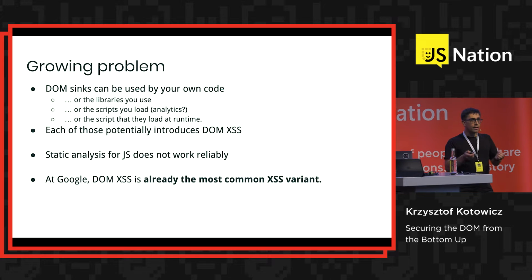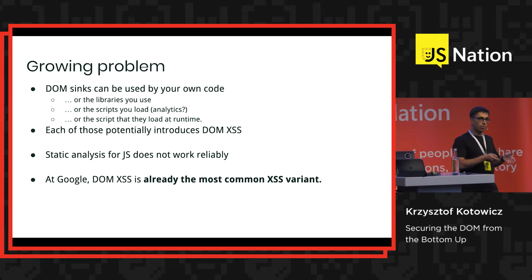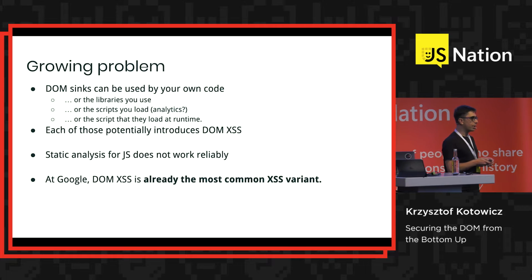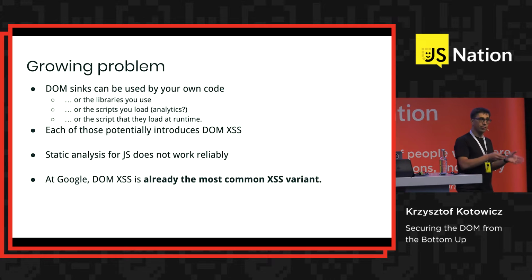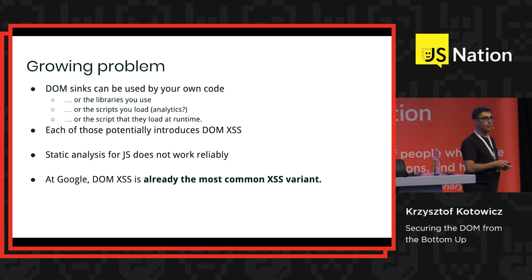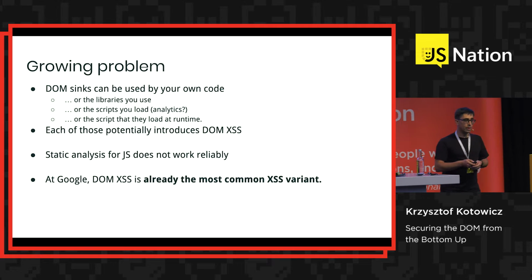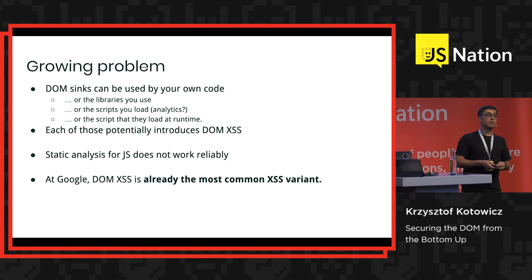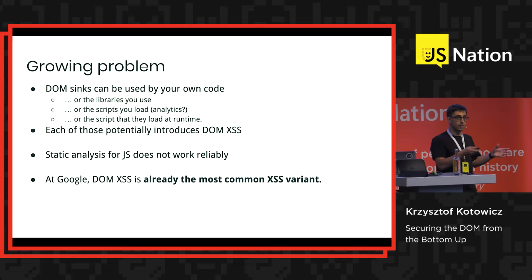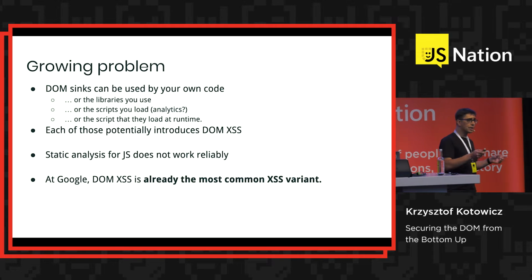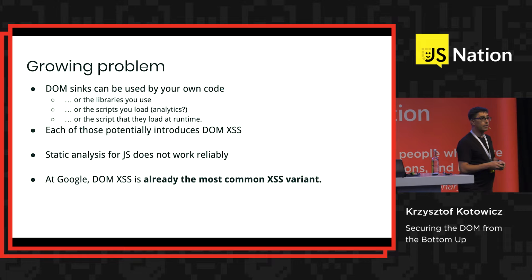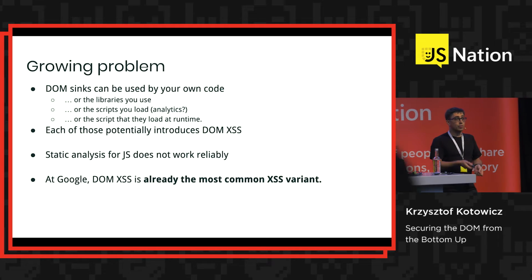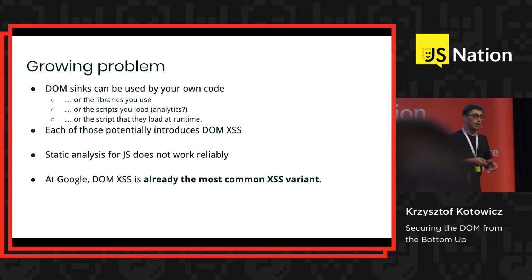And why is it the case? Well, those DOM sinks, those 60-something functions, depending on the browser version, can be called by your own code that you usually review or that applies to some kind of standards, maybe even code style standards. But those very same functions are also accessible by all of your dependencies, the client-side dependencies, right? The ones that you compile or bundle your applications with, but also the ones that you're including as a script node somewhere in your HTML code.